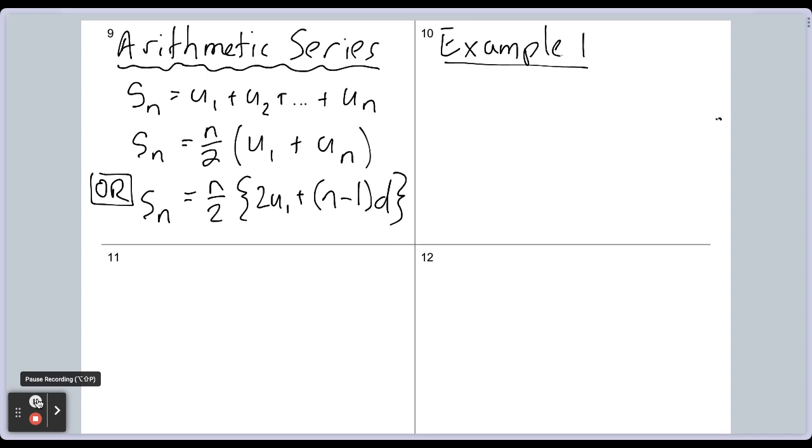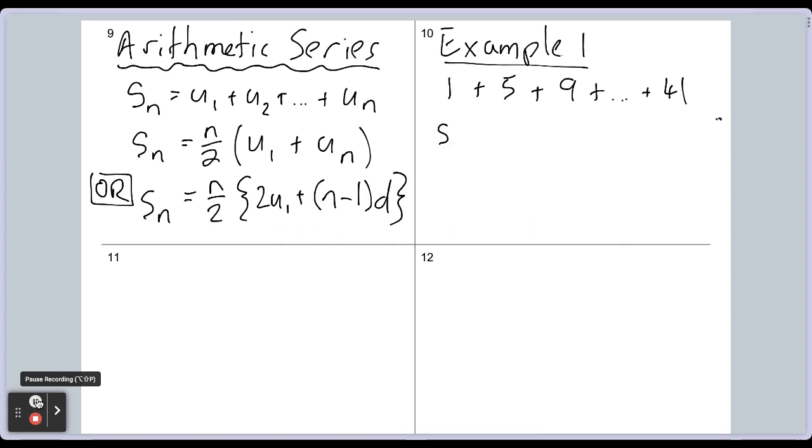If I had something like 1 plus 5 plus 9 plus ... plus, now I have to think of the last number. 41, I suppose, that'll do. I think that's right.